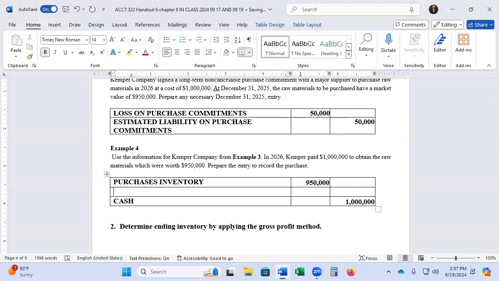And then you'd have a debit to estimated liability on purchase commitments. Any questions there?